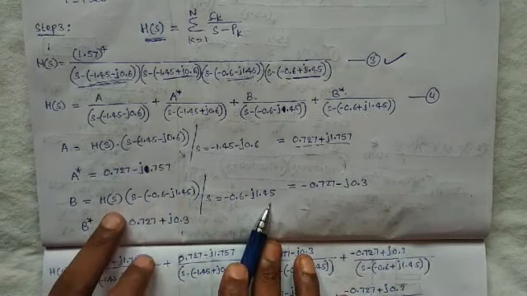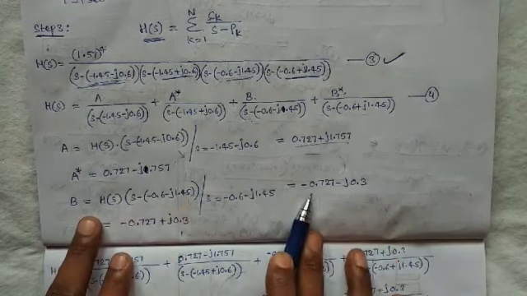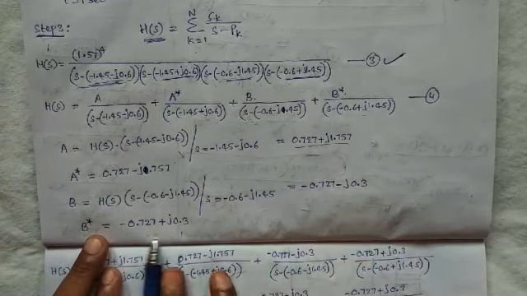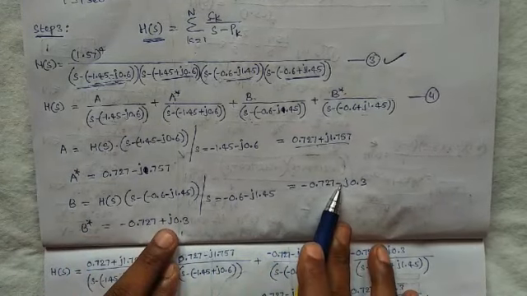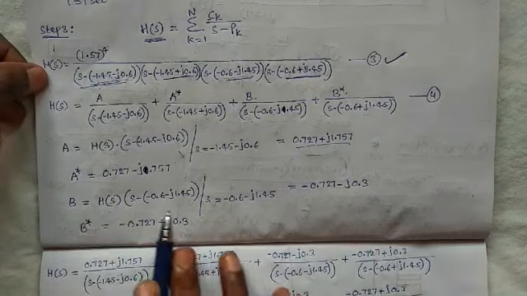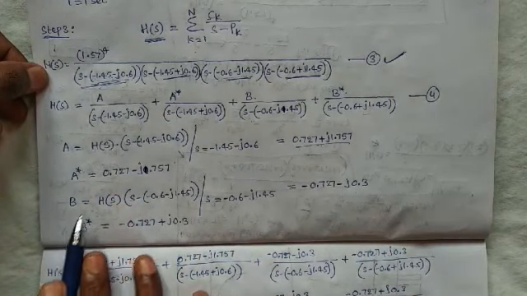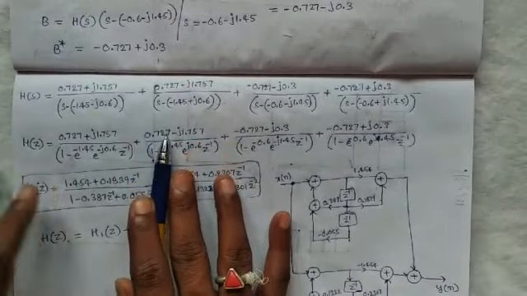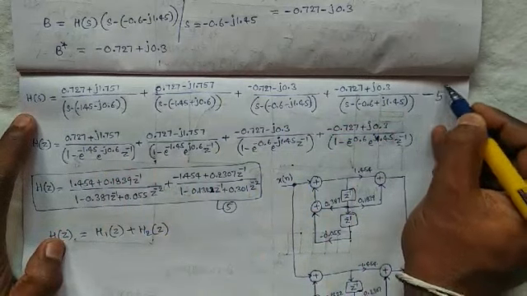Simplifying, we get B equal to minus 0.723 minus j 0.3, and B conjugate is minus 0.727 plus j 0.3. After determining A, A conjugate, B and B conjugate, we substitute those values in equation 4, and the equation looks like this. I am calling this equation 5.